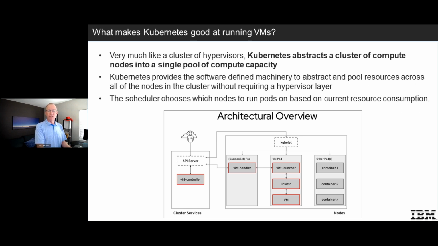So the Kubernetes scheduler is smart enough to choose which nodes to run pods on based on current resource consumption. Just like in a clustered virtualization environment, you would expect, especially with dynamic resource scheduling turned on, that your cluster manager would be smart enough to know which host to put that virtual machine on, and maybe which host to migrate that virtual machine to, depending upon workload patterns across the nodes in the cluster.